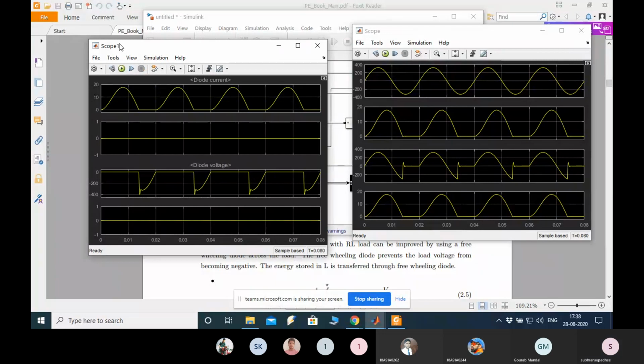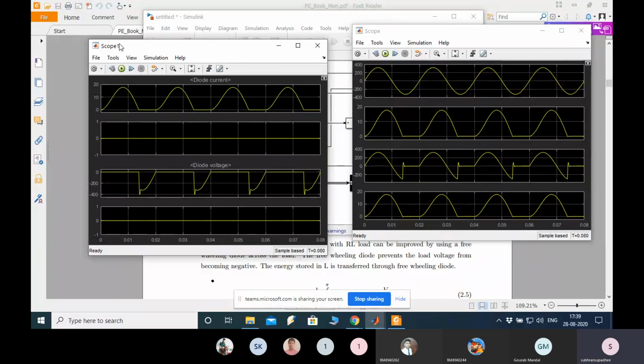See over here, the diode voltage is also getting negative. That means we are having a bipolar switch. Diode is acting as a bipolar switch.